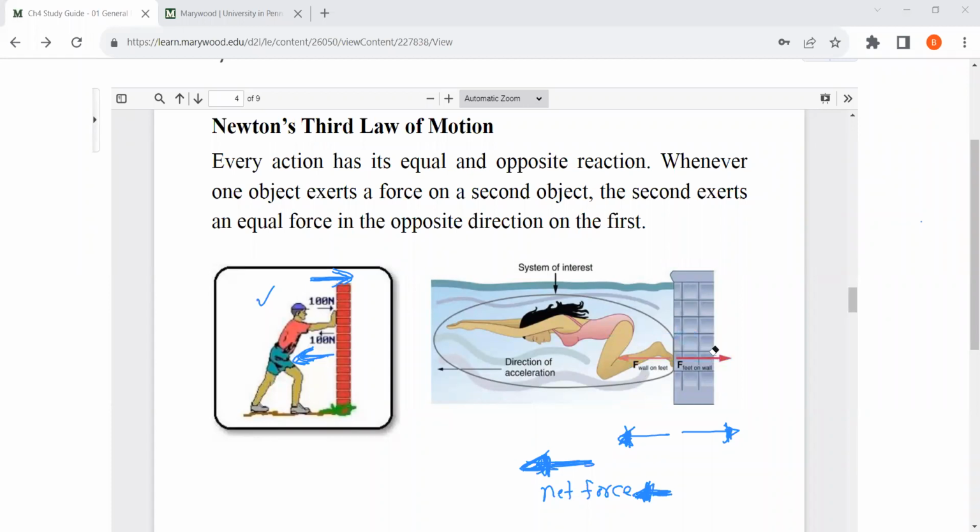She's applying a force on the wall, and the wall is giving back the same amount of force in the opposite direction, and because of the force exerted on her by the wall, she's moving forward. Interesting. She's applying force, that is the action force, and she's moving forward because of the reaction force from the wall to her.